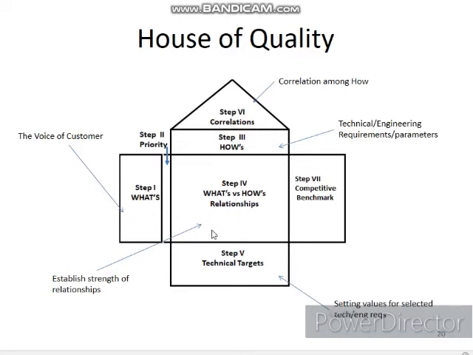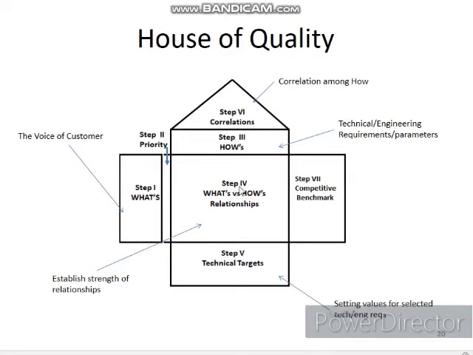At the end of this step, you will have the importance index of every single design parameter. So if you have 10 design parameters, every one of them will have an importance index. That can be used as a guideline to prioritize your resources in terms of which design parameters are very important with respect to their ability to fulfill the customer requirements.